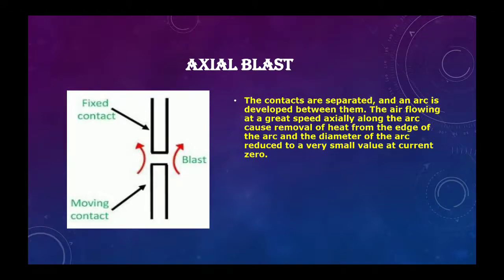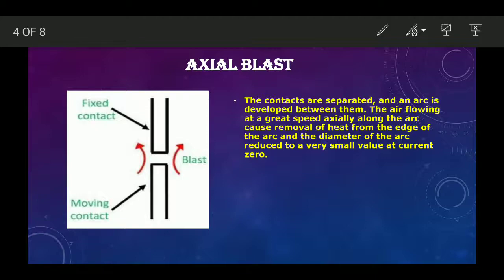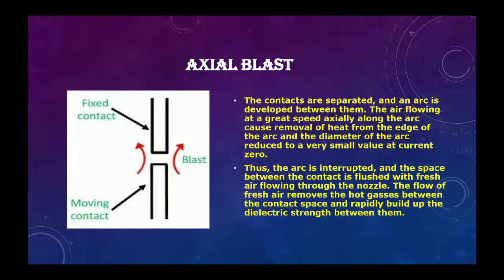In the case of the axial blast circuit breaker, the arc is interrupted with the help of the axial blast effect of the air, and the space between the contacts is flushed with fresh air flowing through the nozzle.